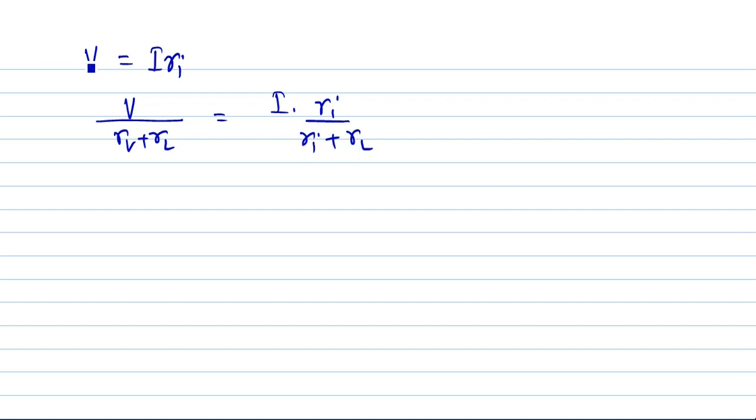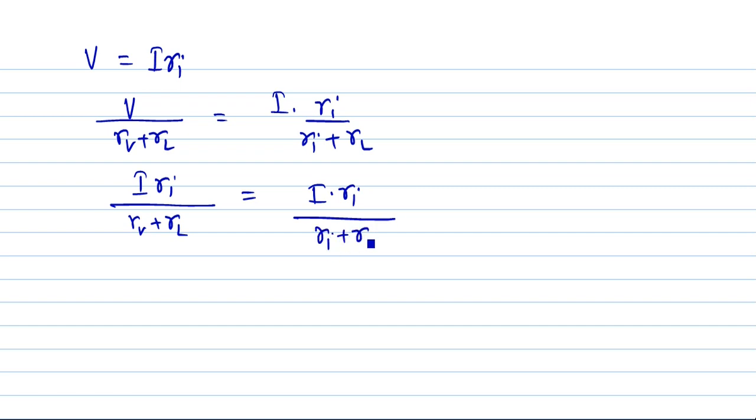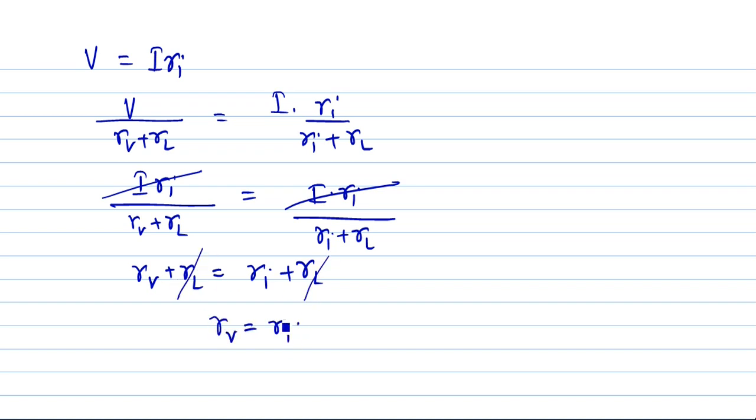Now we will substitute V equals I into Ri in this equation. So we will get I into Ri upon Rv plus RL is equals to I into Ri upon Ri plus RL. Now these two will be cancelled. So we will get Rv plus RL is equals to Ri plus RL. Again this RL will be cancelled out. So Rv is equals to Ri.